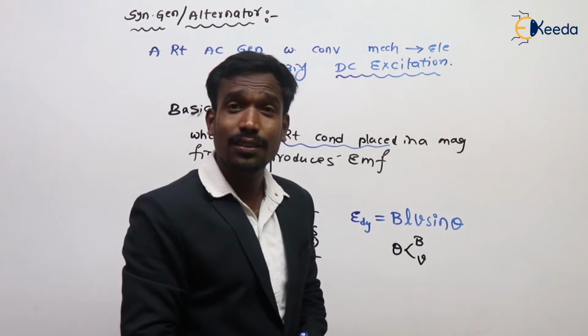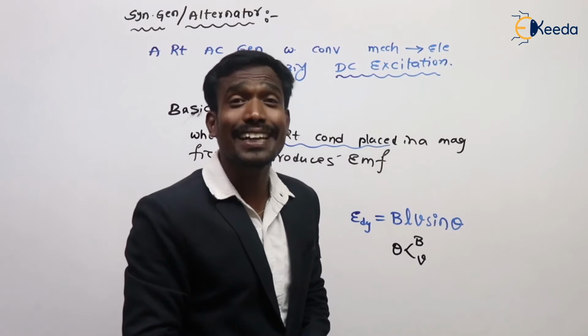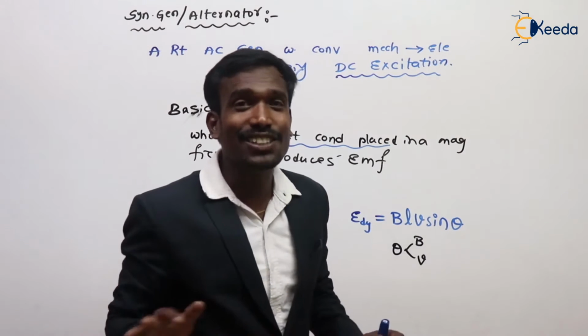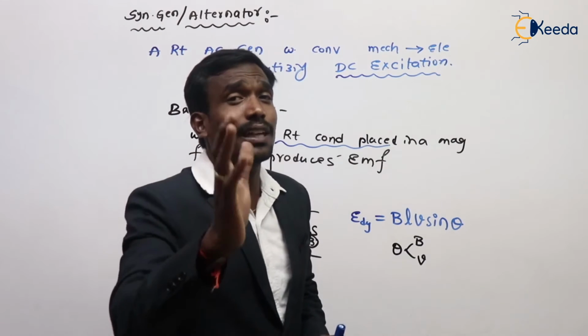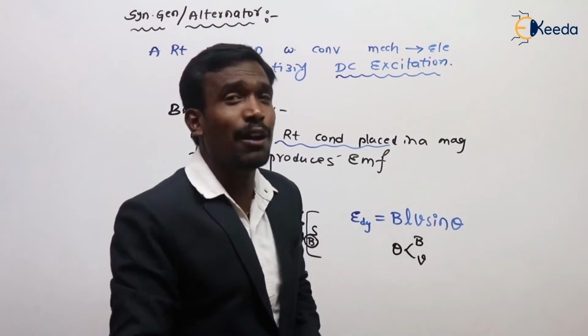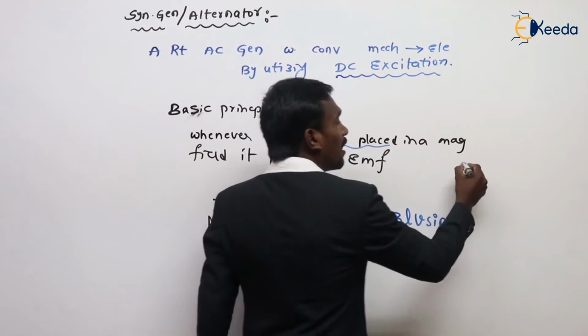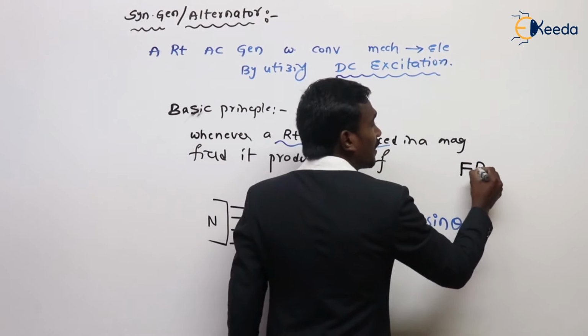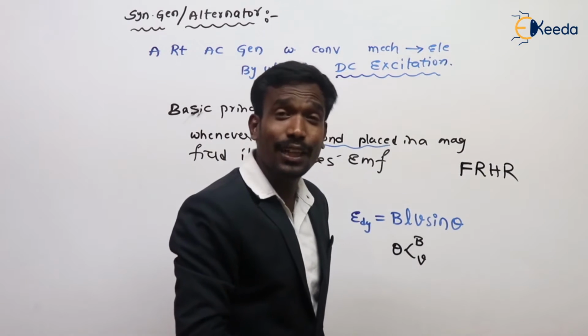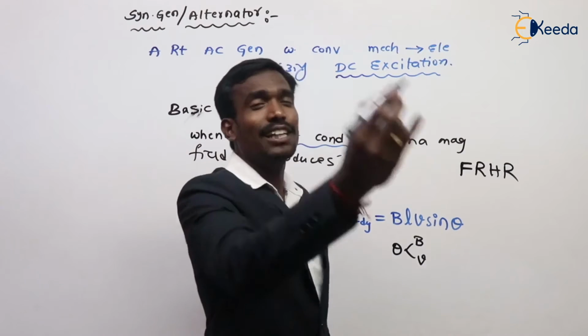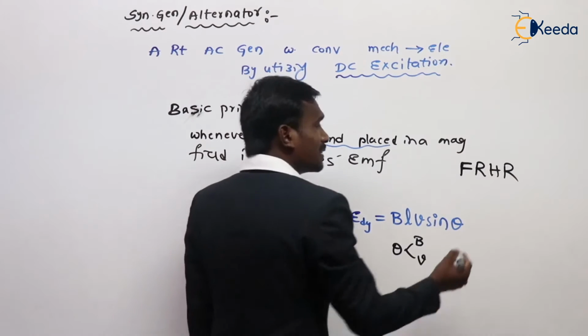They will give you the direction by a law. Can you tell me which law is used to determine the direction of induced EMF? Very good answer. According to Fleming's right hand rule, we can find the direction of induced EMF. What is that?